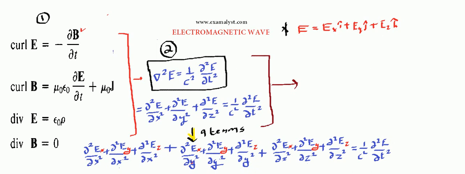Agreed? You can see all the 9 terms are written here. Now we have this big equation only when the electric field has all the three components, that is Ex, Ey, and Ez.